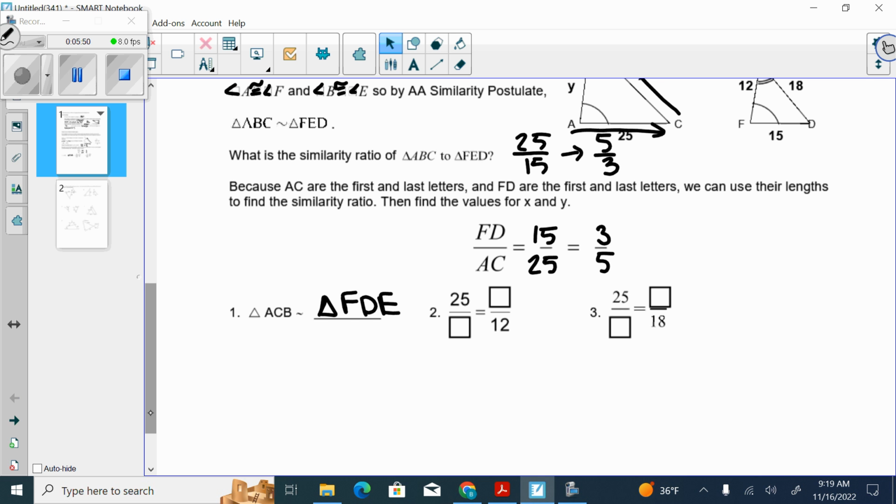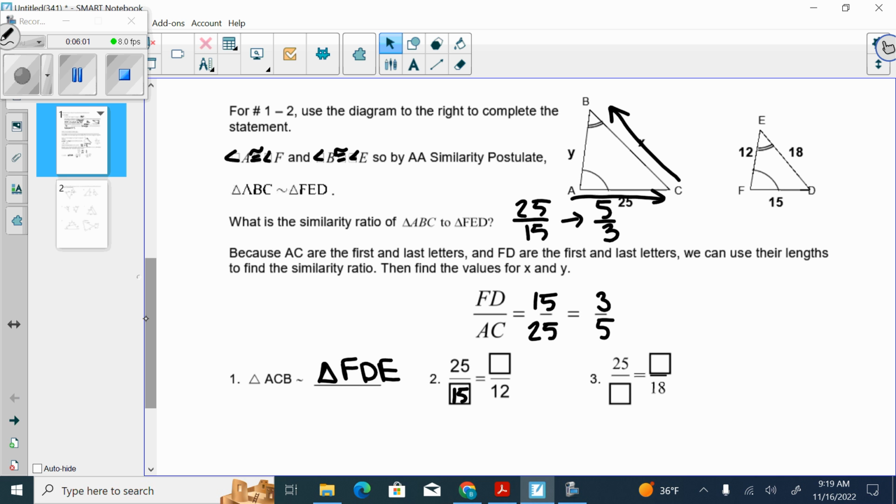So I have 25 over, that side was 15, right, is equal to something over 12. Well, 12 is in the smaller figure. What corresponds with 12 in the big figure? Good. All right, and then for the next one here, I again would have 25 over 15. 18's from this figure. What corresponds with it? Very good. And then you could cross multiply and solve to find x and y. Right?